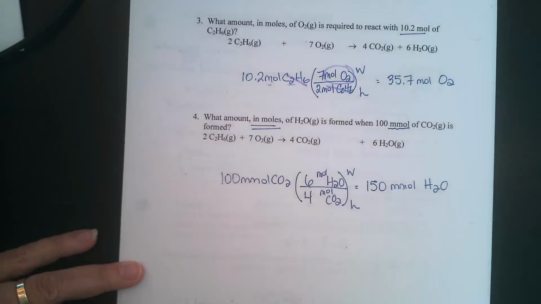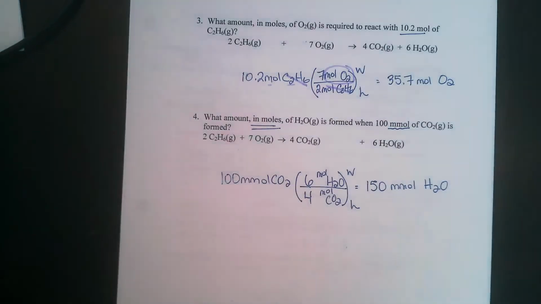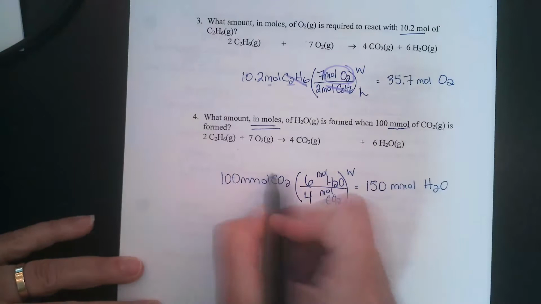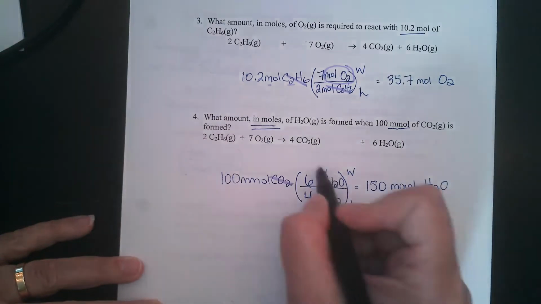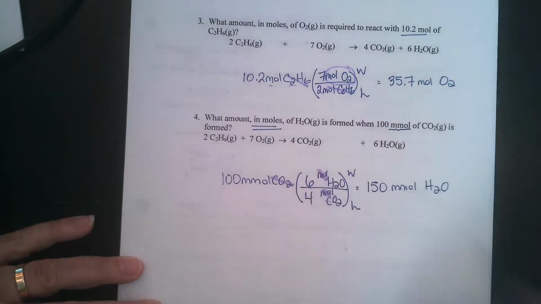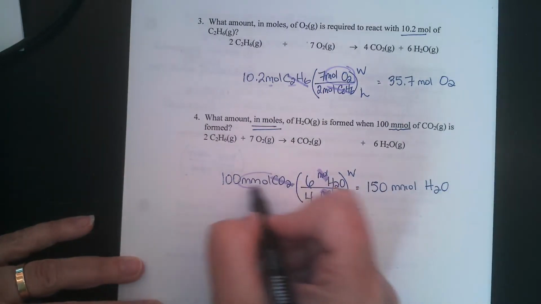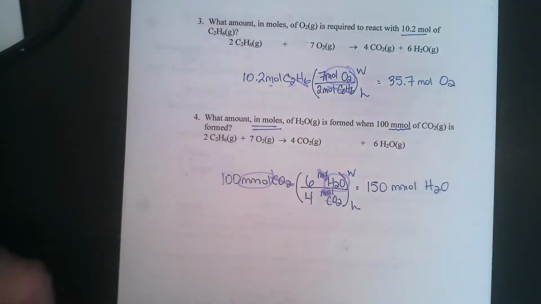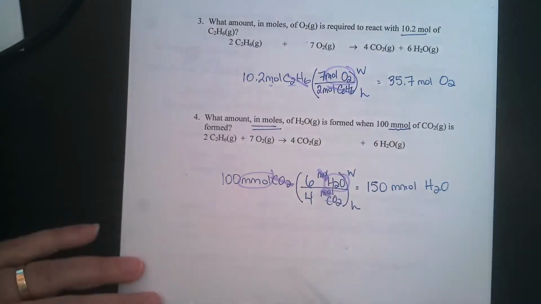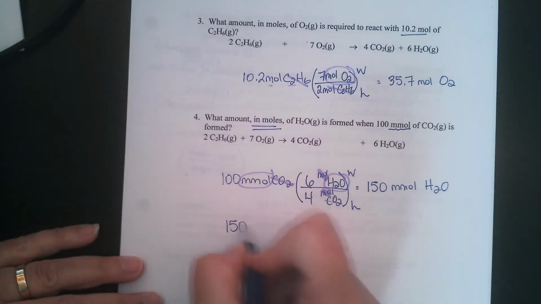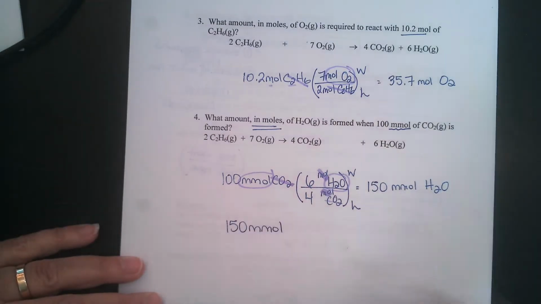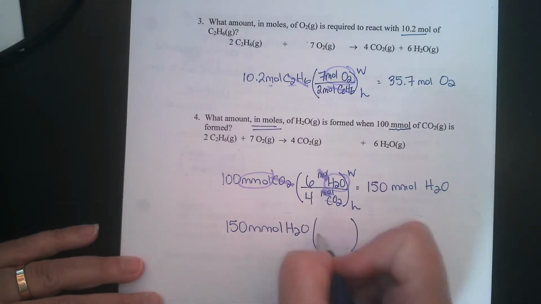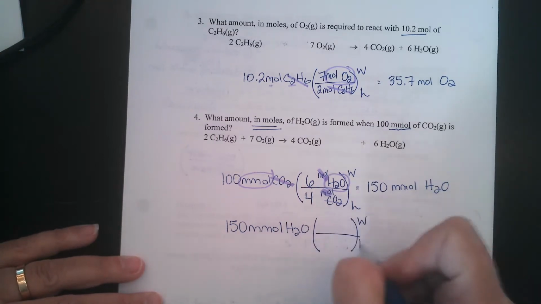And I'll show you how the units cancel off. We're going to look at it a little bit differently. We're going to cancel off the CO2 part. We're going to cancel off the mole part. And so then what I'm left with is millimoles of water. The question asks us, though, to give our answer in moles. So same thing, want over have.